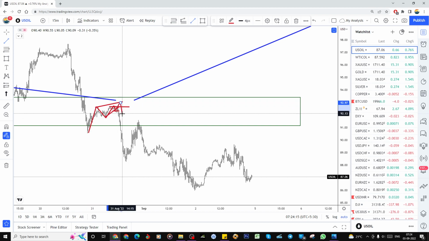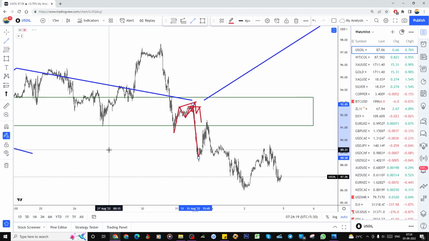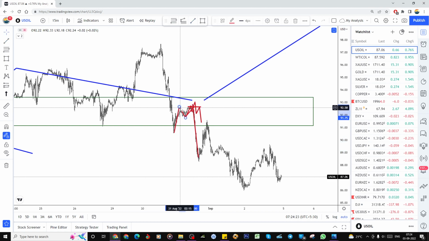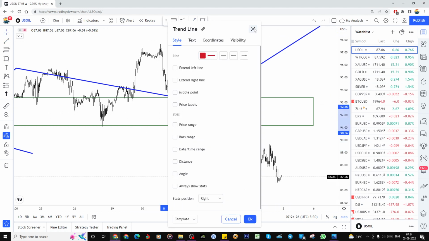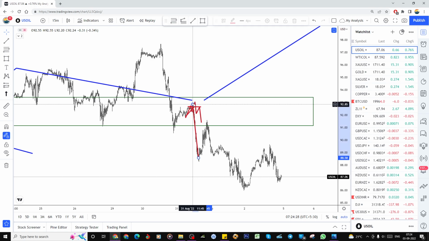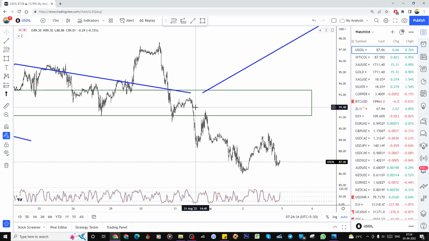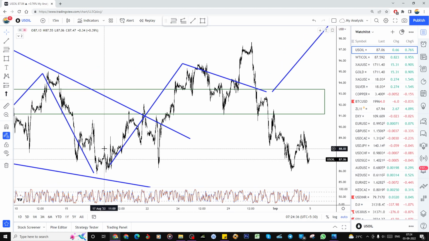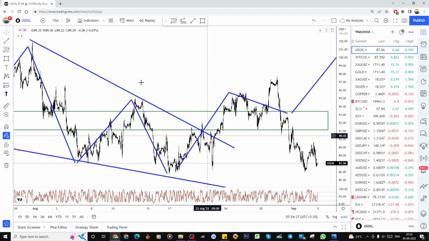I'm expecting again the 3-way structure, but it fell very aggressively. So this is the one I took a trade here, and last week also, because I didn't do the last week video, I bought here nearly.